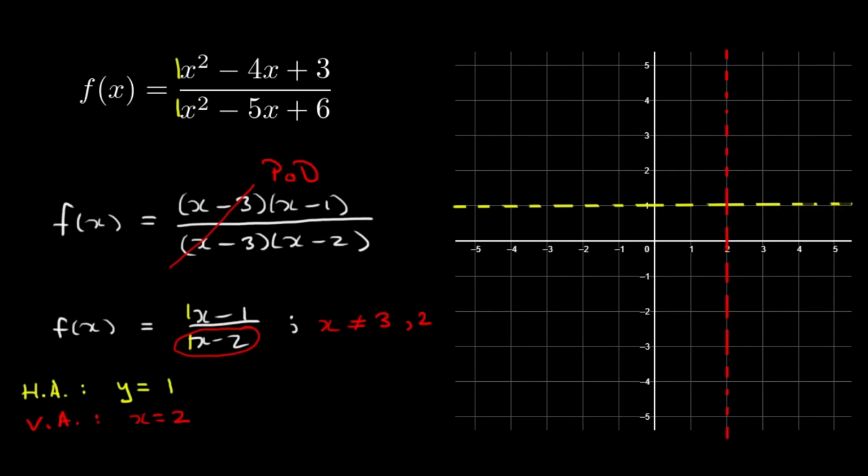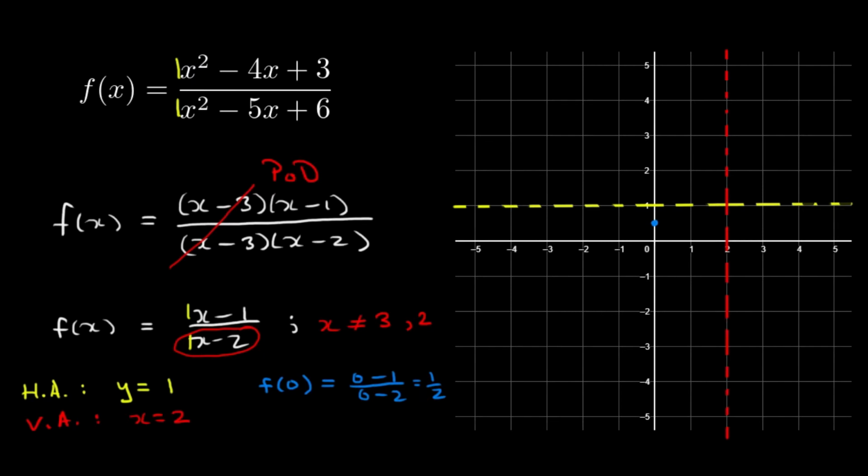Okay, so there we got two key pieces to our rational function. And I think we should add our intercepts as well, because that's pretty easy to do. Again, my simplified function is easiest to work with. If I sub in x equals 0 in that function, we'll get 0 minus 1 over 0 minus 2, which tells us our y-intercept should be at positive a half, which we'll put right there.